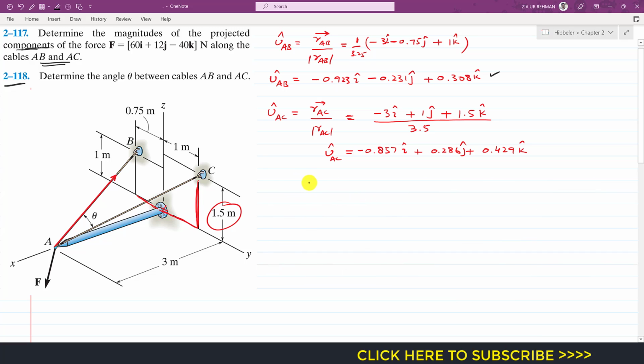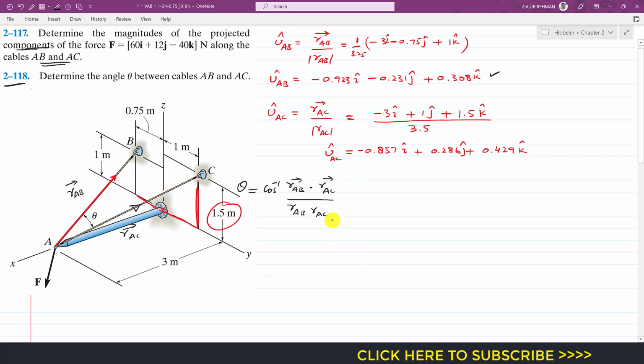To find theta, let's say that this is the position vector from A to B, and let's say that we have another position vector from A to C. If we take the dot product of both of these vectors, so if I write RAB dot RAC, this will be equal to RAB magnitude, RAC magnitude cos of theta, and from this if I divide both sides by these magnitudes, this will be equal to cos of theta, and if I take cos inverse, then theta is equal to cos inverse of this thing, right?